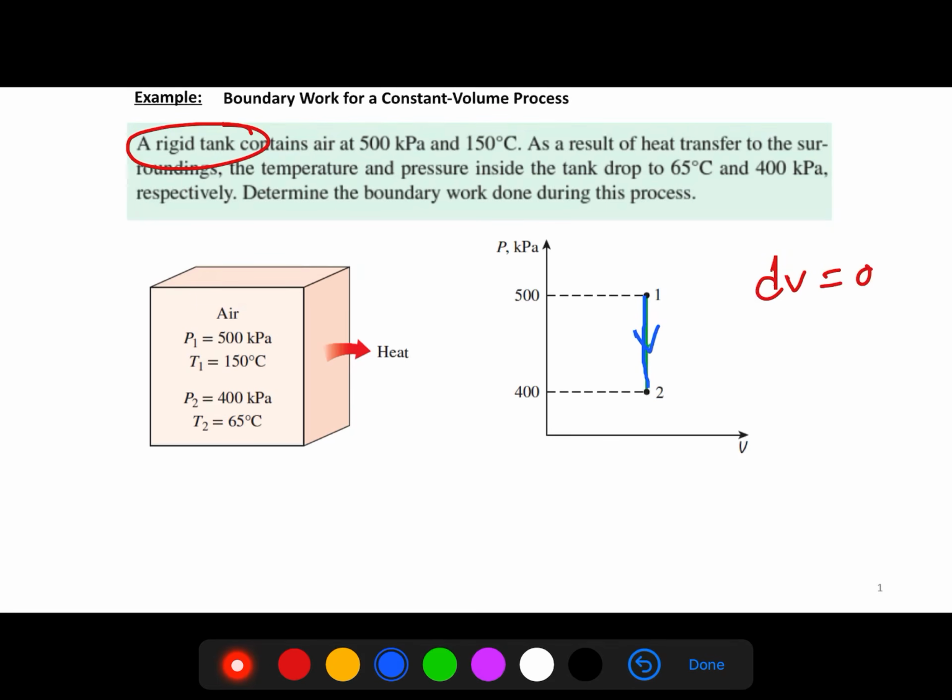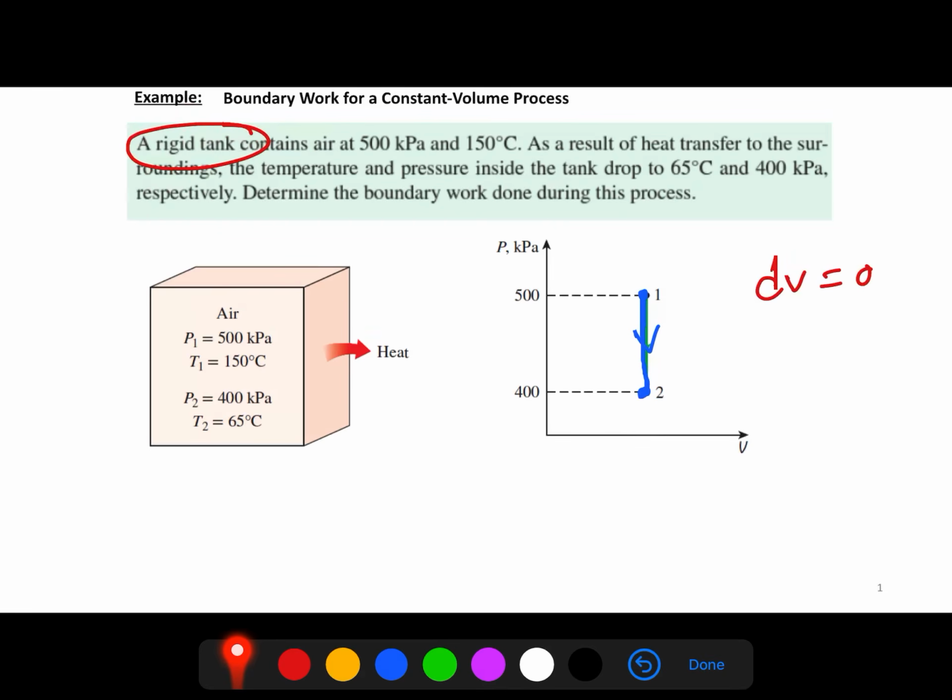This is point A, this is 1, this is 2. Between these two points it's just the pressure drop. The volume here and the volume here is the same, so there is no change of volume. And we know that from here, it is a rigid tank.